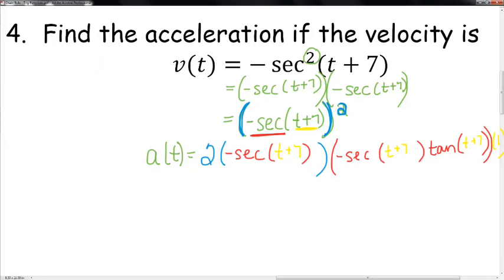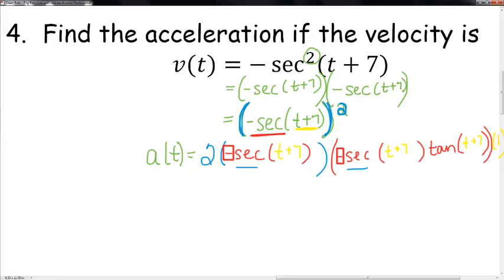So if we put this all together, I have a negative and a negative becomes positive. So this becomes positive. I have 2 secants. So if I put those together, I'm just going to square them.